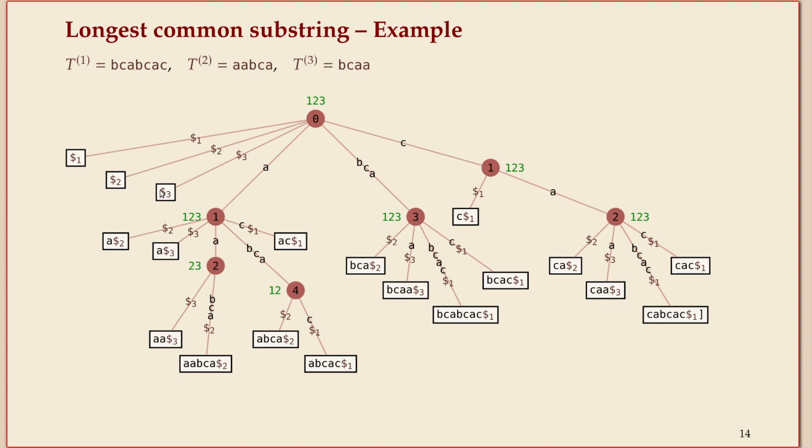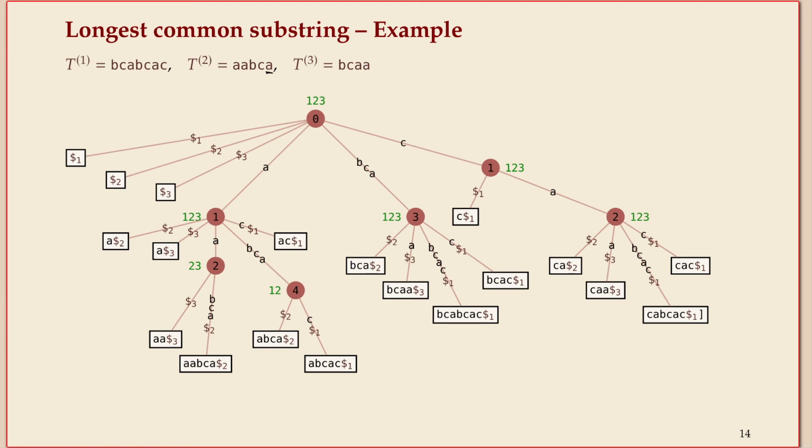But you see that the $ sign at the end tells you what string it is from. So if it says here, let's pick $2, that must be this A as opposed to this A, because it's followed by $2, that indicates it's from the second string. Okay, and similarly for all the others.